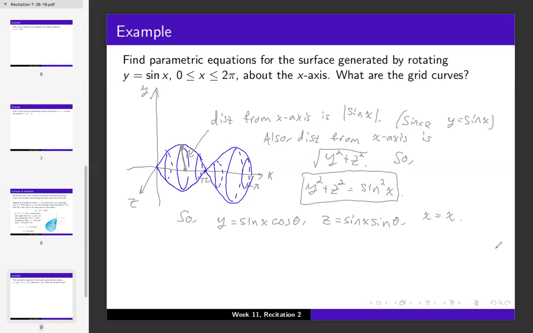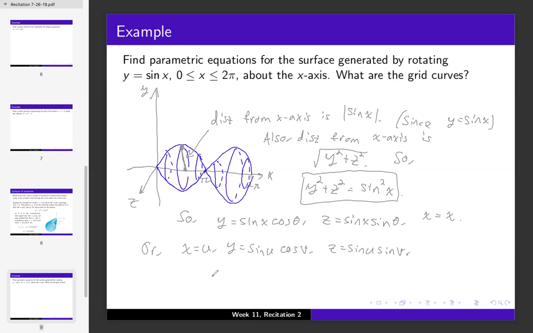But if we want to make this as u's and v's, if you prefer, you can say x is u, y equals sine u cosine v, z equals sine u sine v.